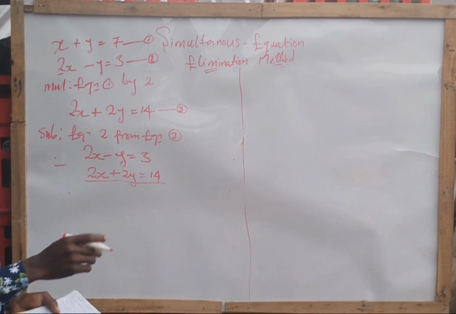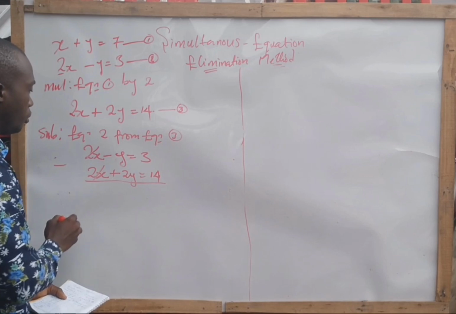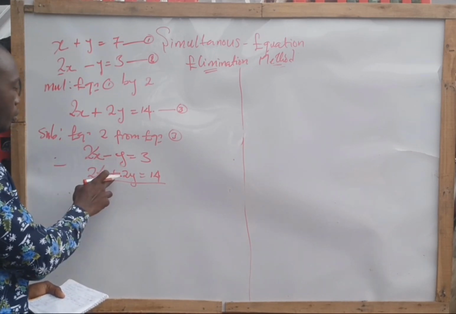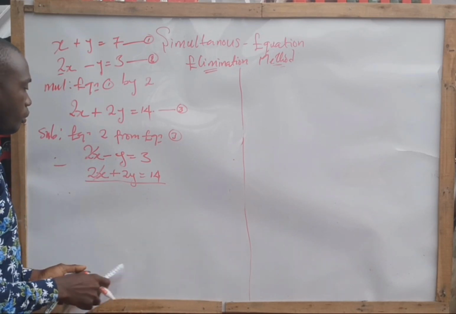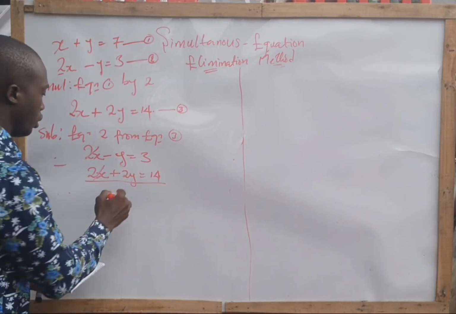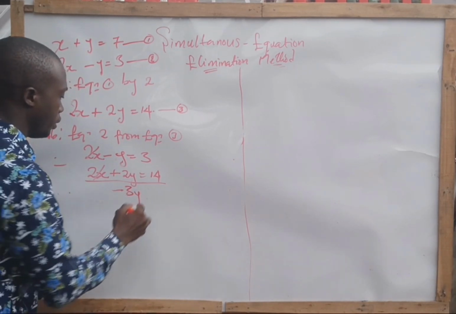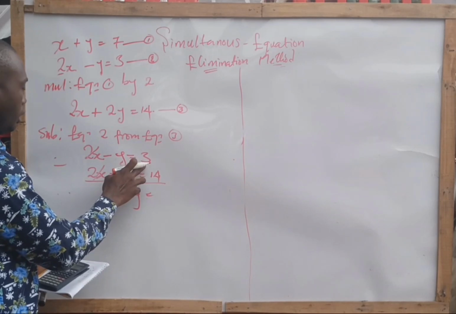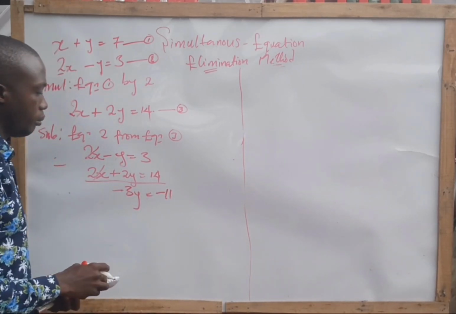For you to subtract, we eliminate this from this. So we have minus 3y equals 3 minus 14, which equals minus 11.